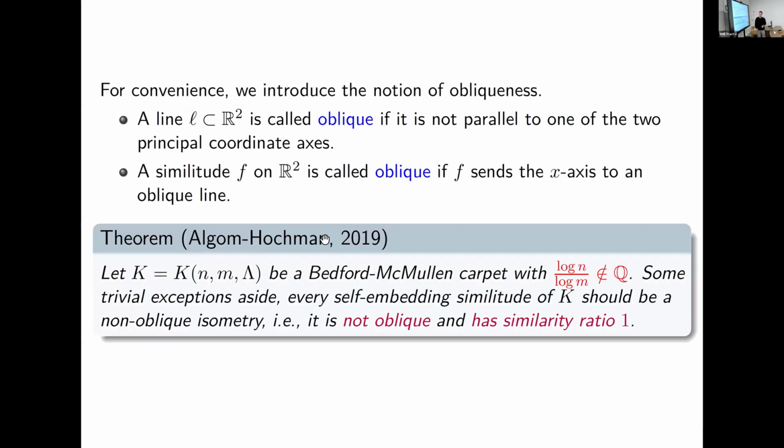So in 2019, Algom and Hochman proved that if K is a Bedford-McMullen carpet, under what we call the independence assumption, that is, n is not a rational power of m, the two ratios determine that the carpet is not this one.